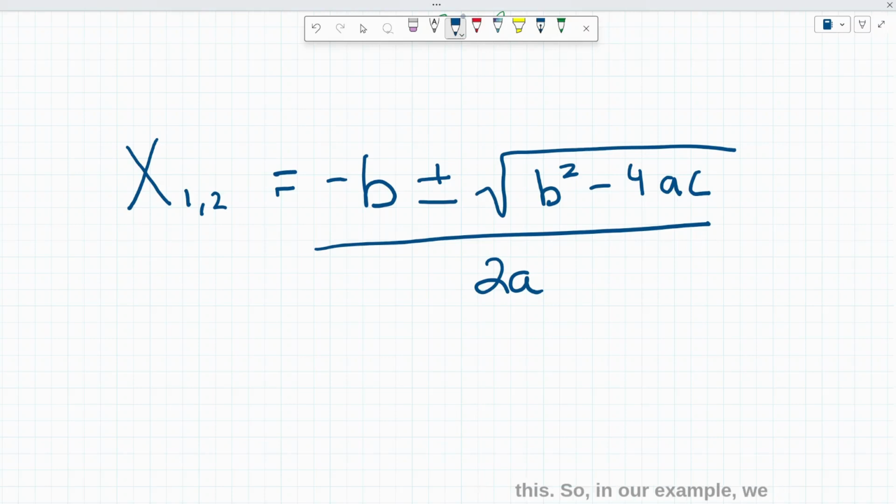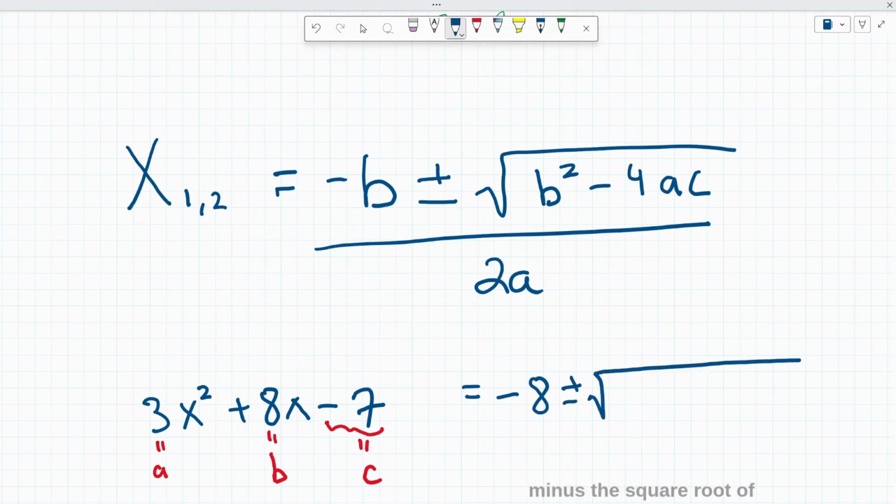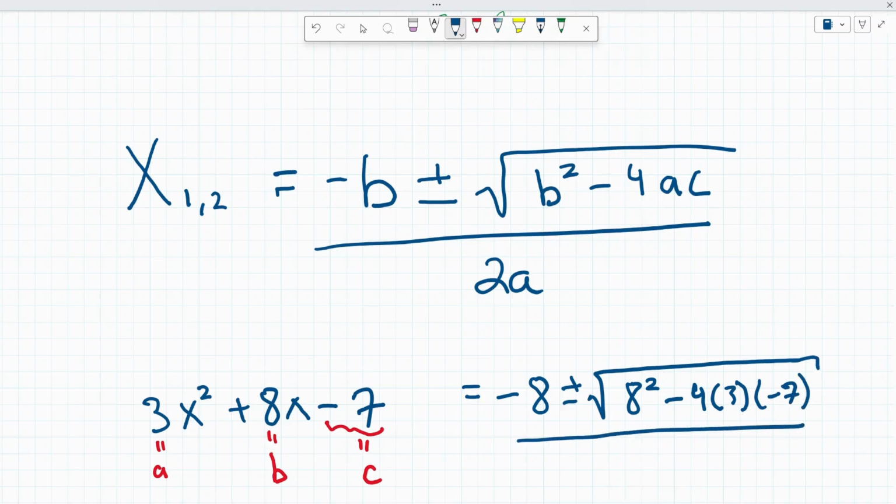So in our example, we have 3x squared plus 8x minus 7. So this is our a, this is our b, and this, with the negative, is our c. So what do we get here? We get negative 8 plus or minus the square root of 8 squared minus 4 times 3 times negative 7, all over 2 times 3.